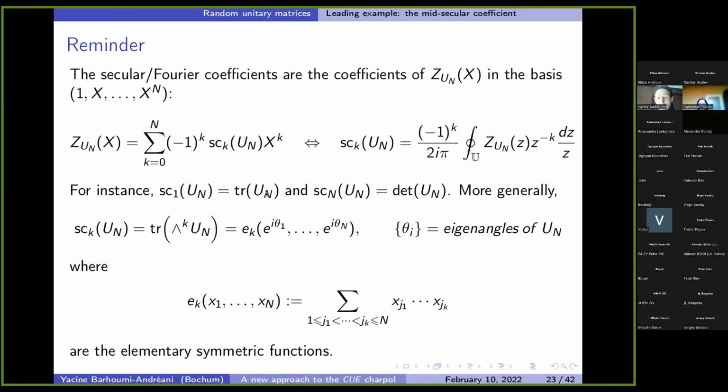So the first coefficient is the trace, the last is the determinant, and more generally, the k-th coefficient is the trace of the iterated wedge. So this is the k-th elementary symmetric function in the roots of the polynomial. I recall that this is this formula.